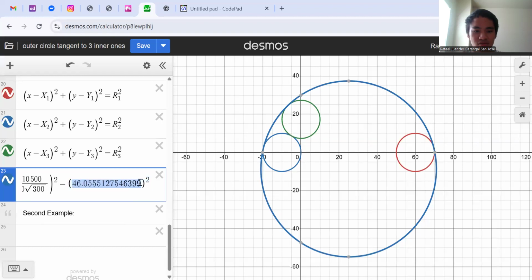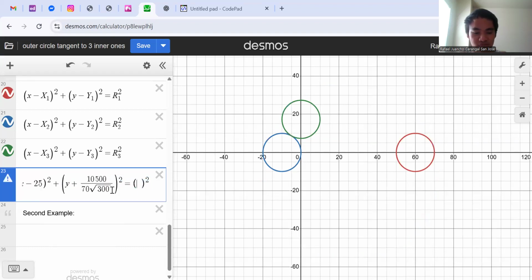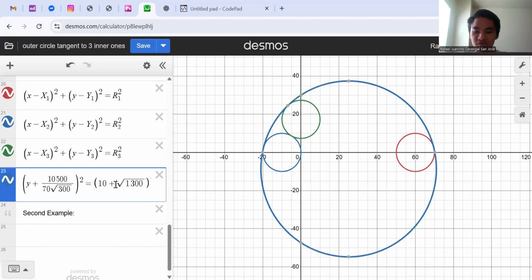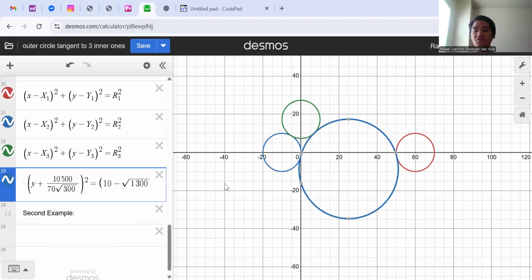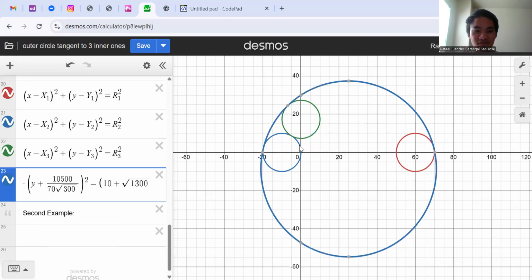Okay, let me take out that numeric form. I'm gonna do 10 plus square root, and then this is 1/300. There we go. What happens if it was a minus? Oh, so it's still tangent, but it doesn't enclose the three circles, so it has to be positive for a wider radius.